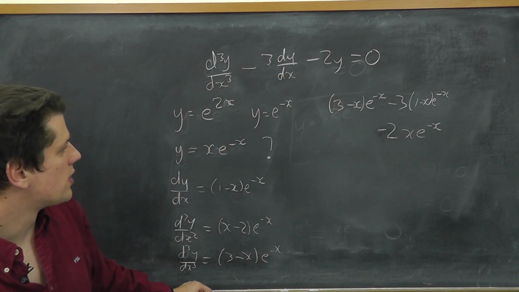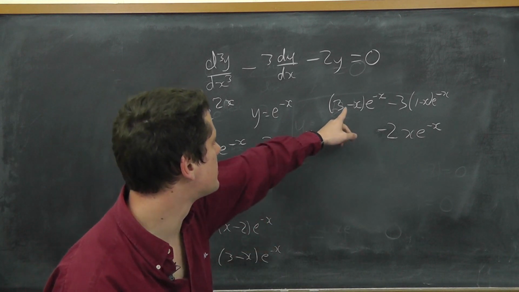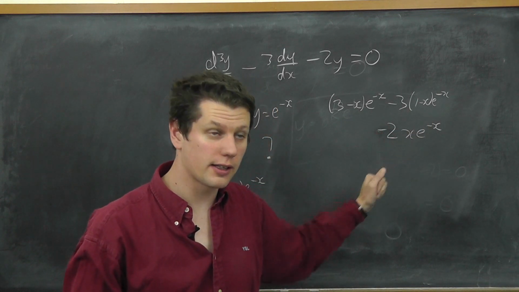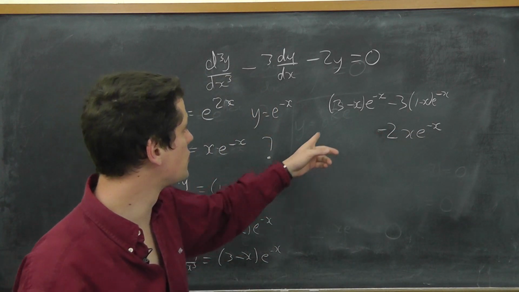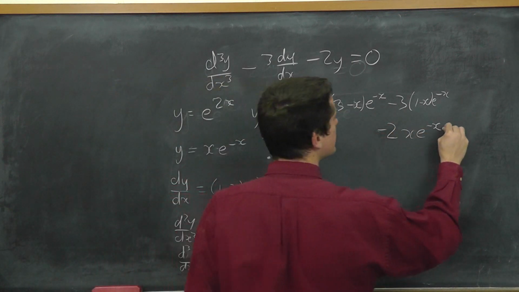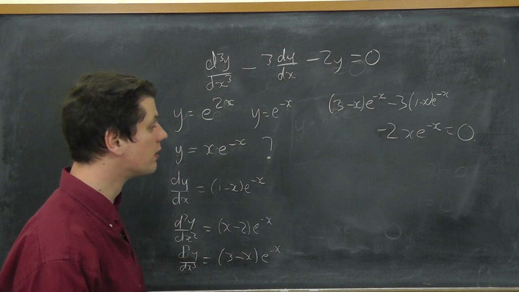What does that give us? Well, for the x e to the minus x term, we get minus x plus 3x minus 2x, which is 0. And for the constant term, we get 3 minus 3, times e to the minus x. So this is indeed 0. So we found another solution.